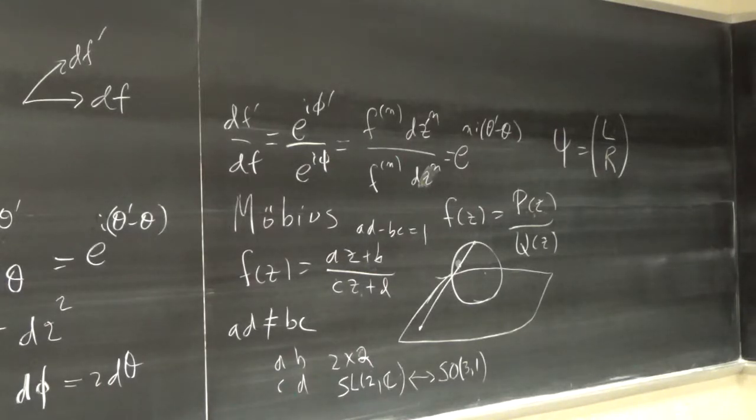Let me switch now to something that is kind of related to conformal field theory, because one of the applications of conformal field theory is critical phenomena and phase transitions and so forth.